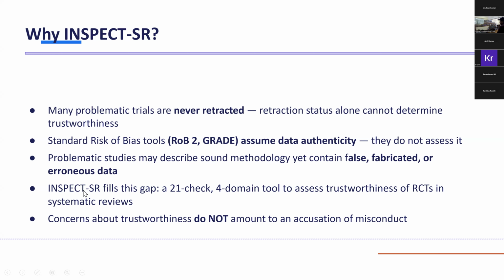So usually before we include a study in systematic review, it is normal for us to use standard risk of bias tools like ROB or GRADE tool, which will not assess the authenticity of data, but will just help to assess things like randomization and all, or whether they are accurate or not. But here, this tool will help us to assess the authenticity of the study before we can do a systematic review.